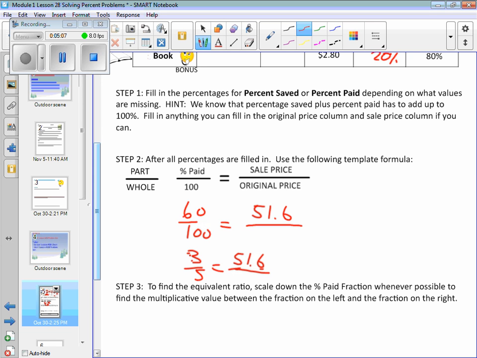You now could say, okay, I got to figure out 3 times what makes 51.6. Well, obviously it's going to be a decimal. We have to do long division because we can't figure that out necessarily in our head.